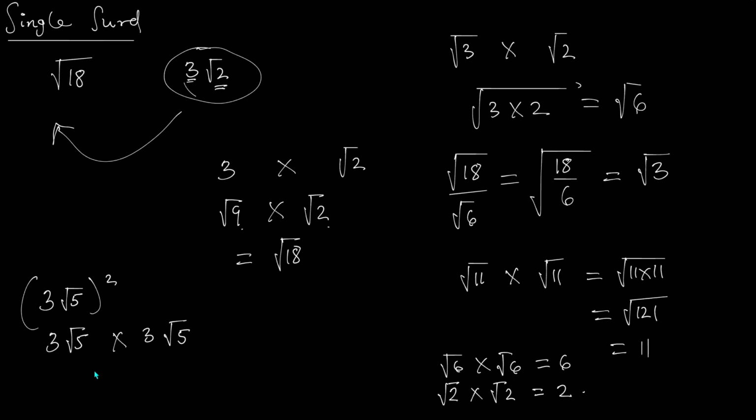We multiply the 3 and the 3 together to give 9. And then when we take the root 5 and the root 5, you have 5. So the answer equals 45. Again, we can say that two surds multiplied by each other can give a rational number.